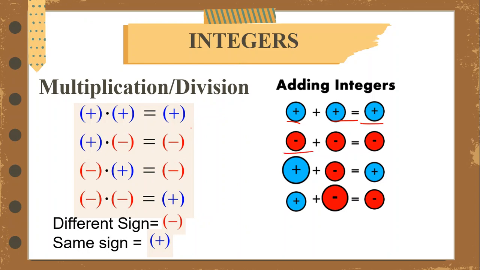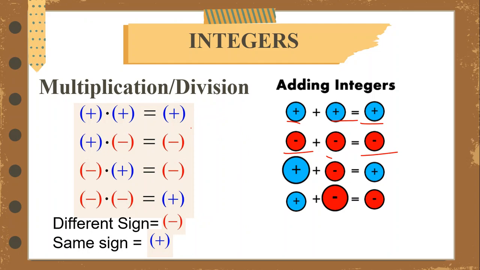Negative and negative, no problem, you just copy the sign. So therefore, adding or subtracting integers is different from multiplication or division. It has a different rule.